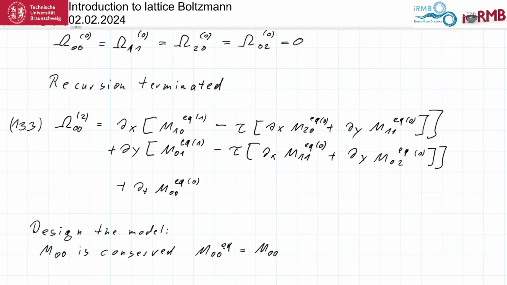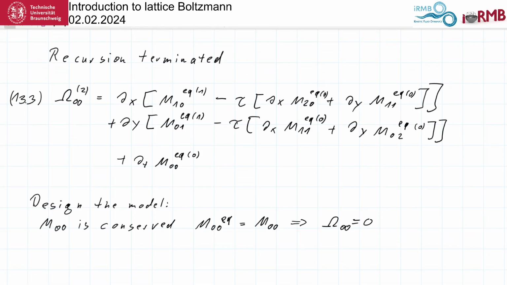And now we are designing the model, so there are no orders on this anymore, because this is what we actually do in the code. In the code, we don't have the moments to a certain order, but we actually only have the moments themselves. So when this is a collision invariant, then this omega 0,0 is 0. And with this being 0, also its second order is 0.